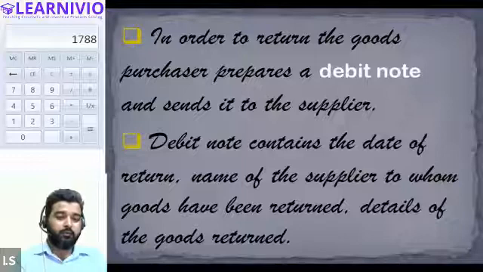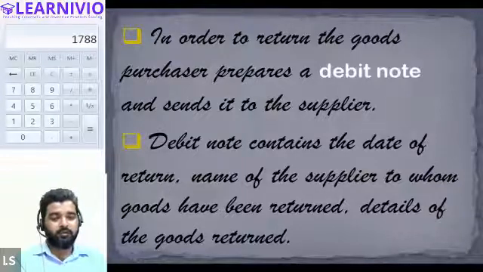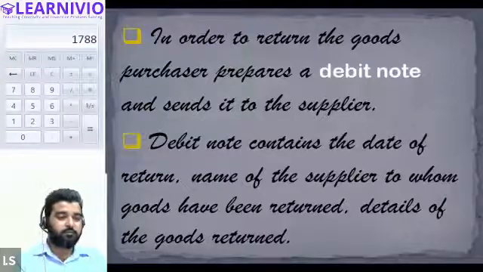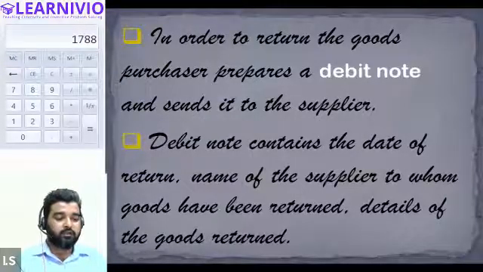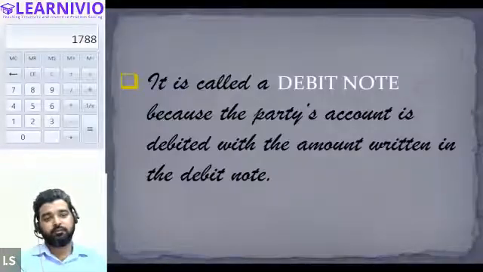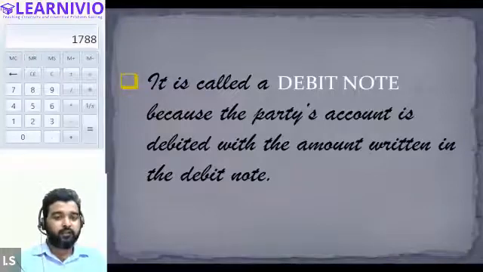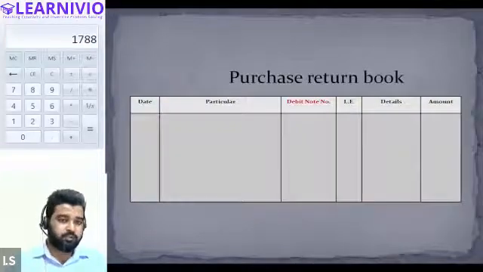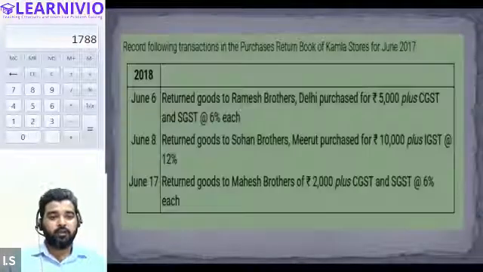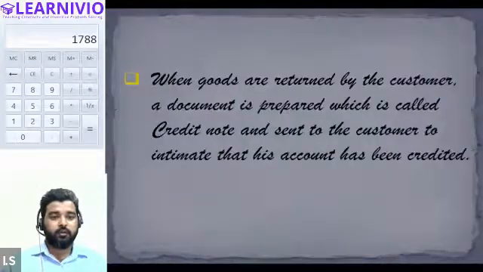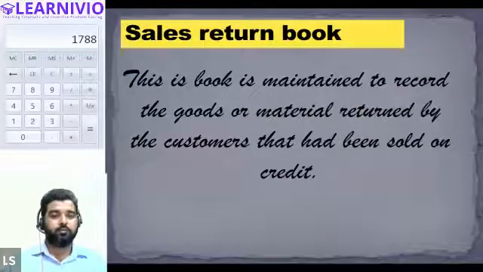A debit note contains the date and all the information regarding the goods we purchased and are returning, and the supplier to whom we are returning them. It is called a debit note because the party's account is to be debited when we prepare the purchase return book. This is how the purchase return book looks. After that, we did a few questions based on this concept, and then the sales return book.